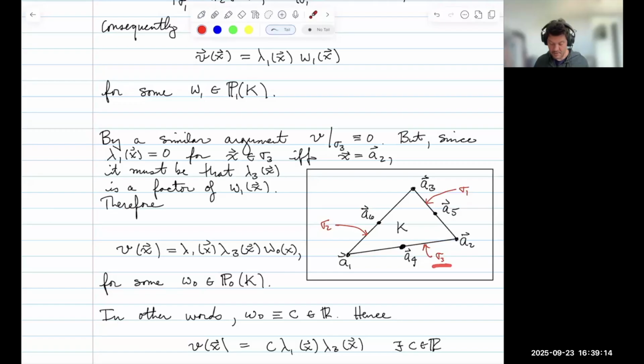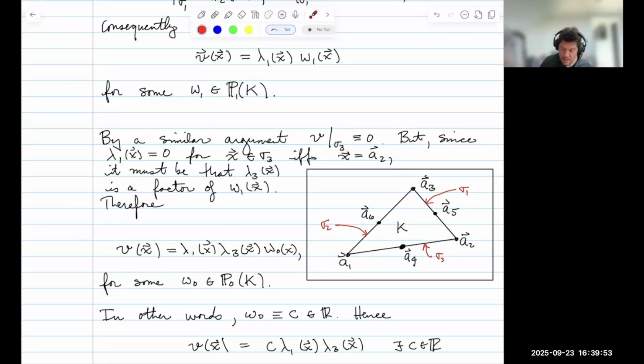But notice that one of its factors, lambda 1, is equal to 0 for x in sigma 3 if and only if x is equal to a2. So the only way that lambda 1 can be equal to 0 is at that point, and there's no other way that this factor can give rise to the polynomial being 0 on sigma 3.